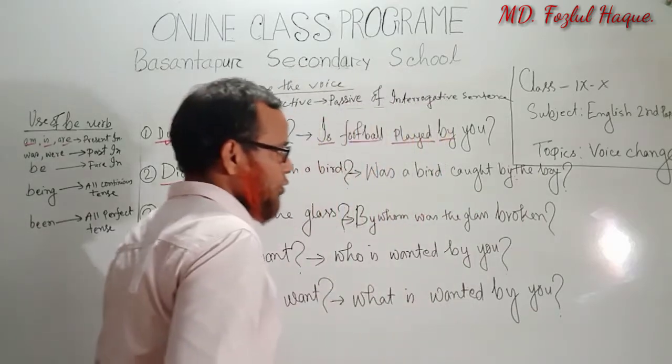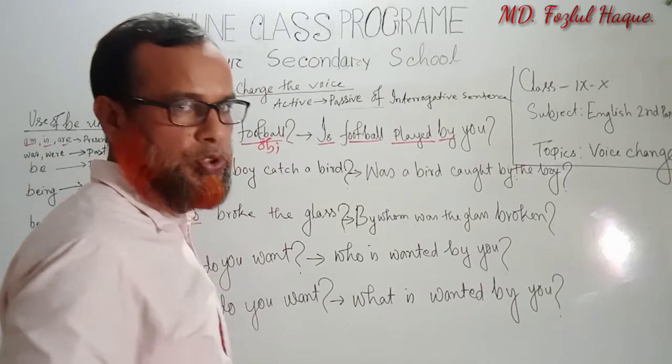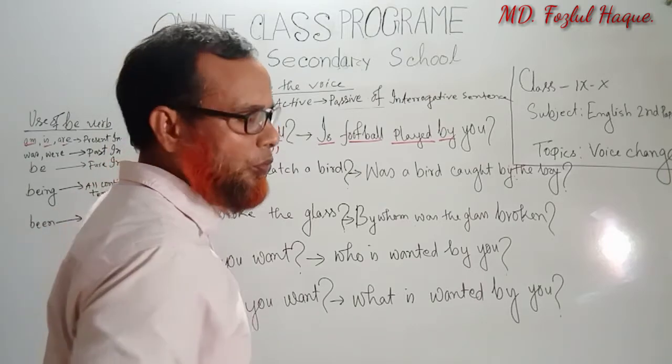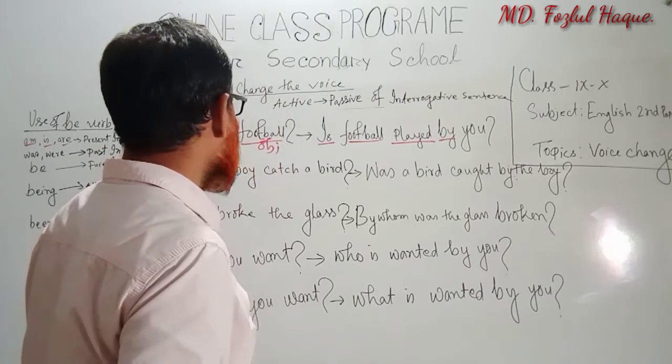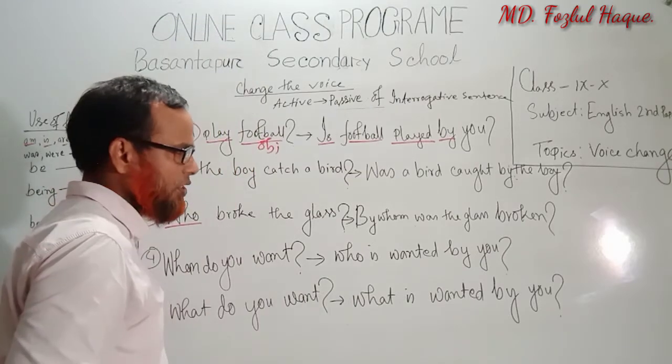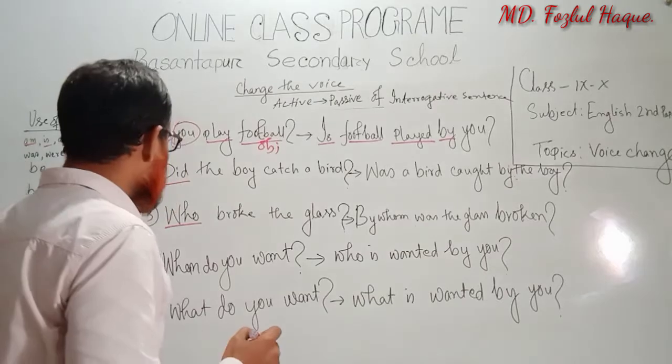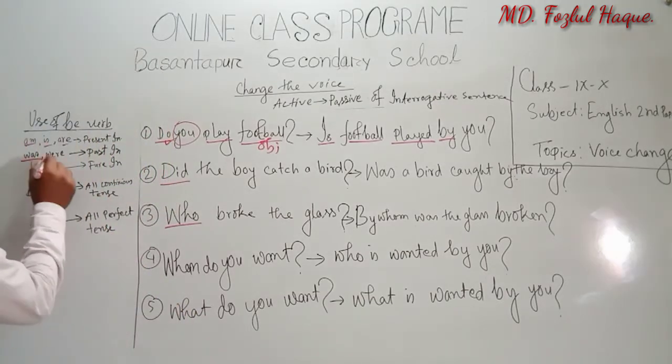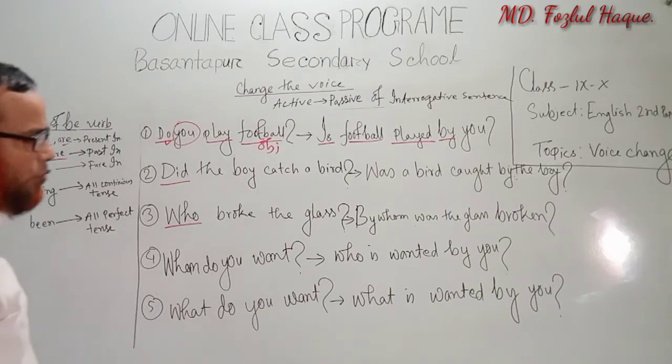After the preposition we use the objective form of the subjective form. Next, did is used to make a question. That means it is past indefinite. In past indefinite, was and were are used to make passive.